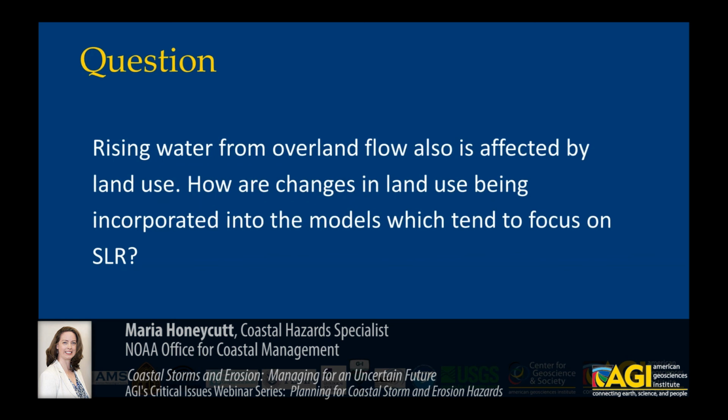When I spoke earlier about the need for more integrative models, we have in the extreme event modeling space a variety of ways of accounting for land use when you're looking at overland waves, for example. And what we haven't quite figured out is how to marry some of those, and the scales at which those operate, with some of these other broader processes, the sea level rise and other things that are happening on different time scales and different spatial scales.